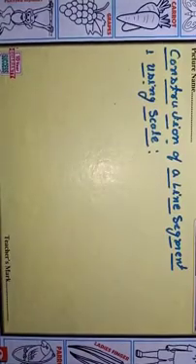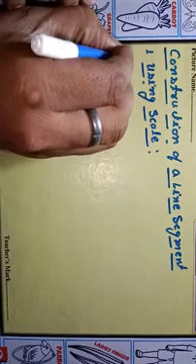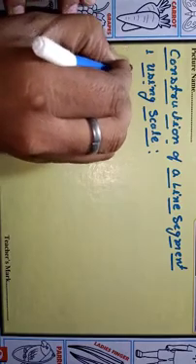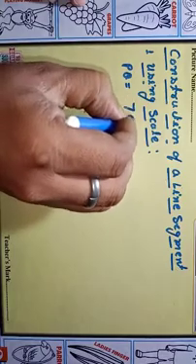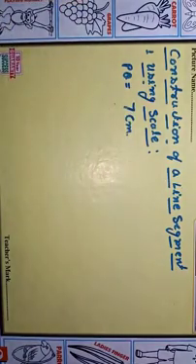Now next, construction of a line segment. Construct a line segment using a scale. Construct a line segment PQ whose length is 7 centimeters using a scale.